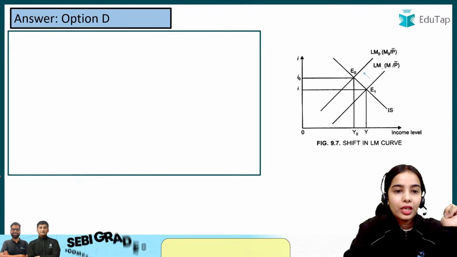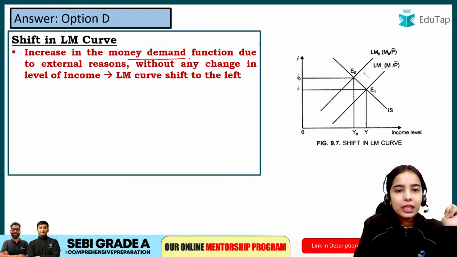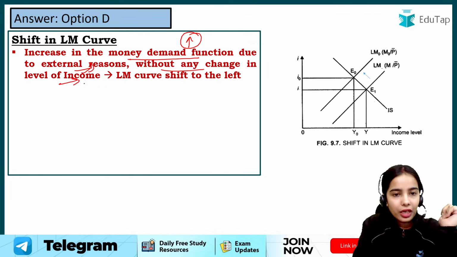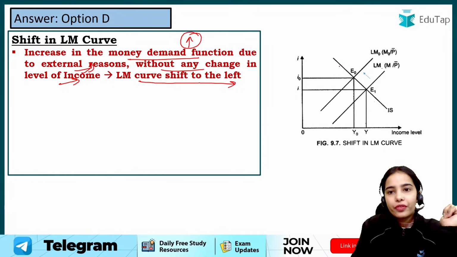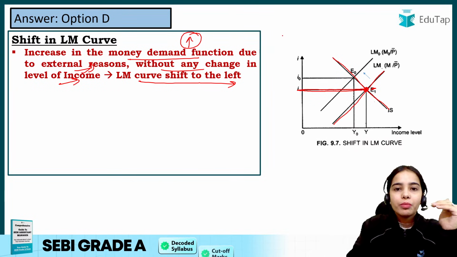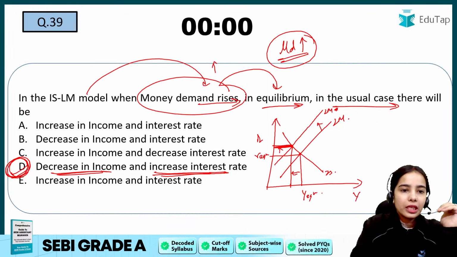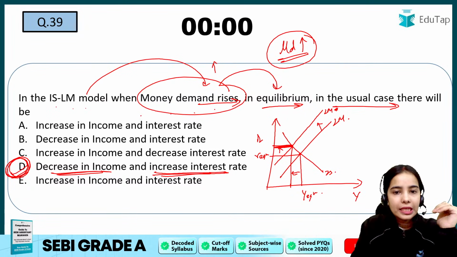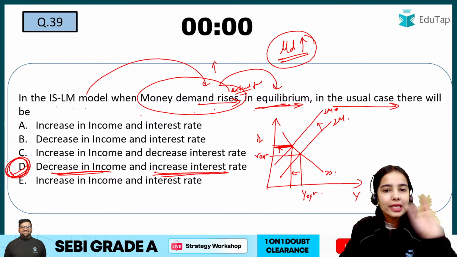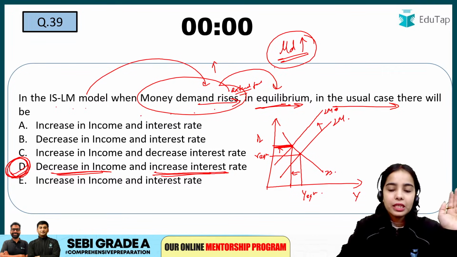Basically, if the demand for money increases because of external reasons without any change in the level of income, the LM curve will shift leftward. Let's say this was the equilibrium, already achieved, and the level of income was decided.